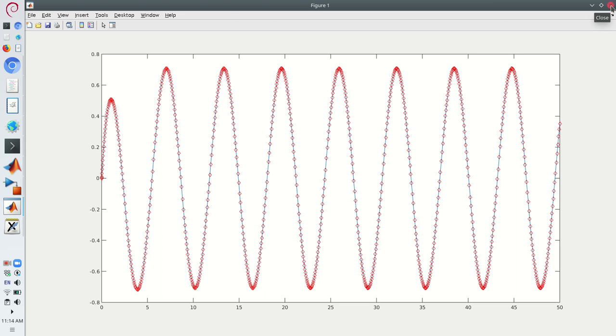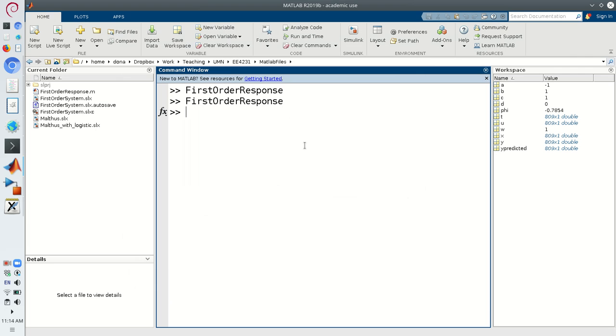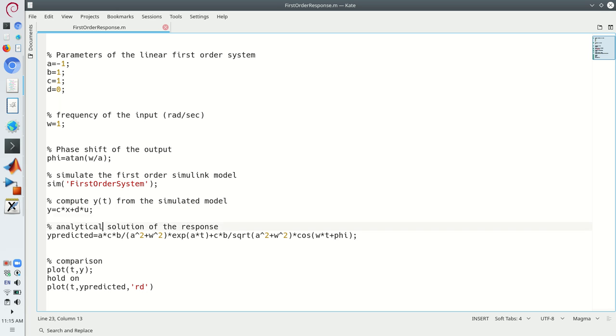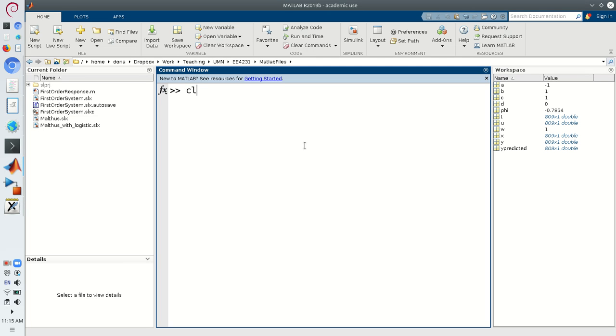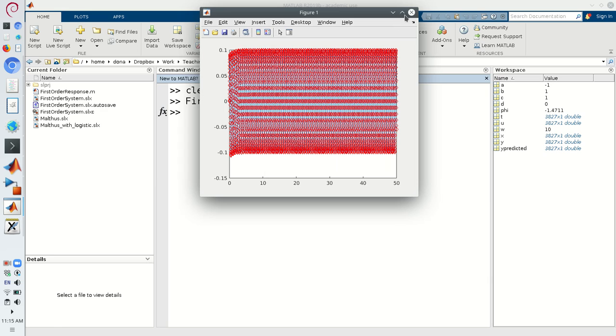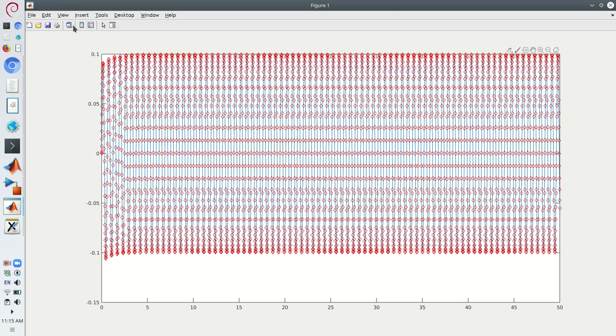Let's try to increase omega and let's see what the amplitude becomes. So if we just change omega, and from 1 we make it 10, and we clear the workspace and we repeat the same script, now we get something that seems a little busier, but let's see if we can zoom in.